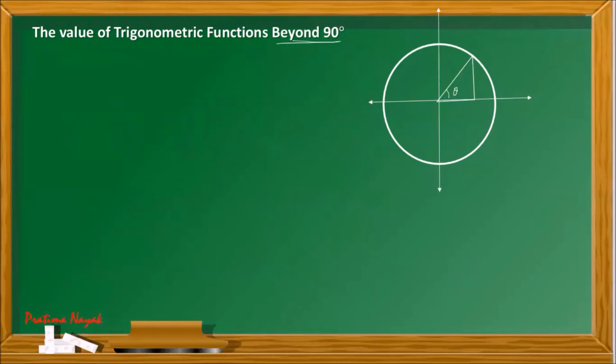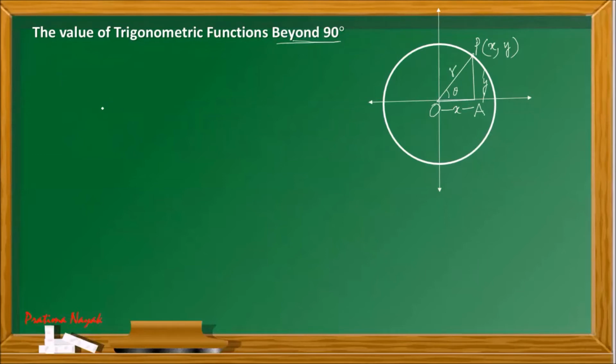If this point is P and it is denoted by x comma y, this is the center, and this I'm writing A. So OA is equal to x and AP is equal to y, and this I denote as R. I've taken 1, but this is the radius.